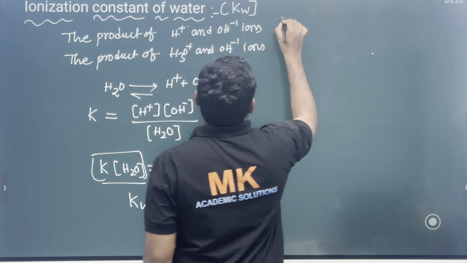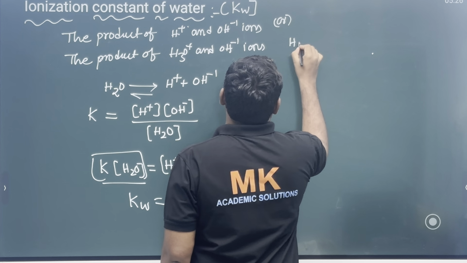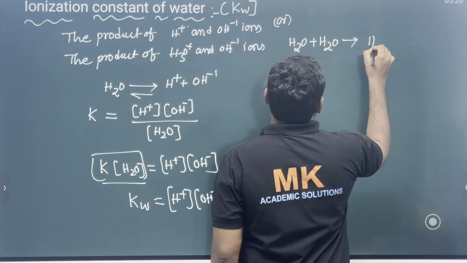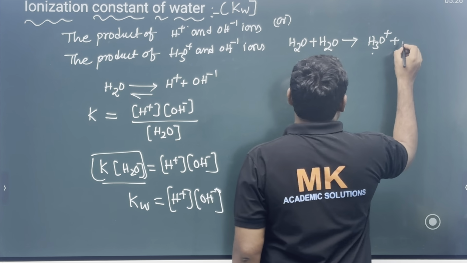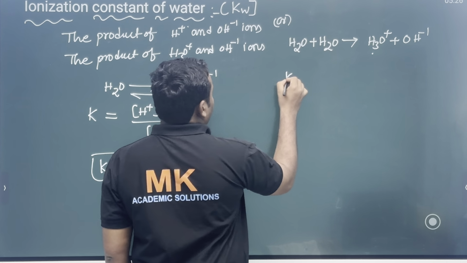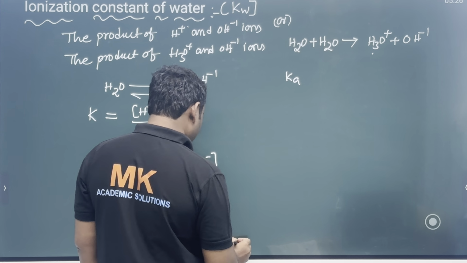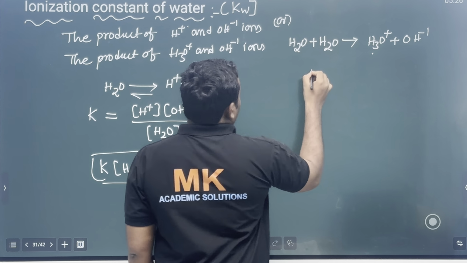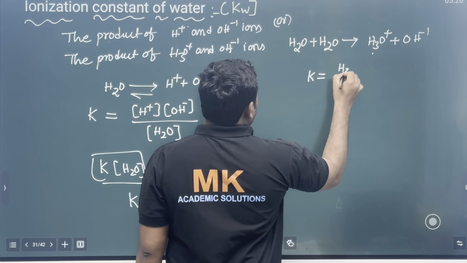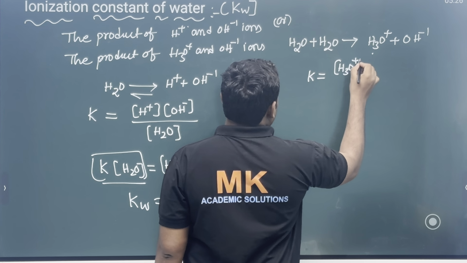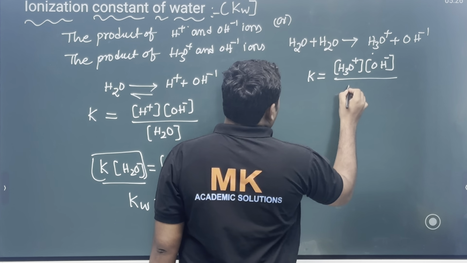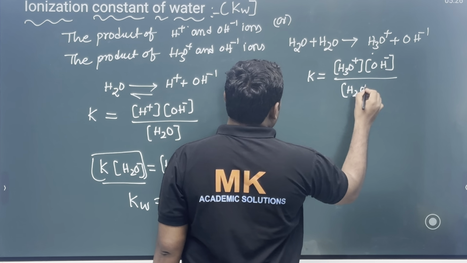Or we can take one more form. H2O plus H2O gives rise to H3O plus and OH minus ion. Here also we write the equilibrium constant K is equal to concentration of H3O plus and concentration of OH minus ions by concentration of H2O square.